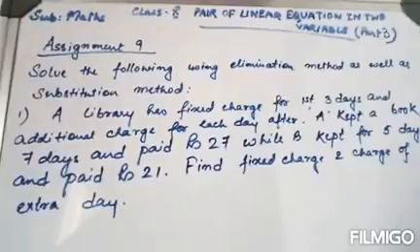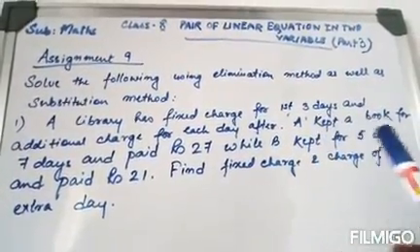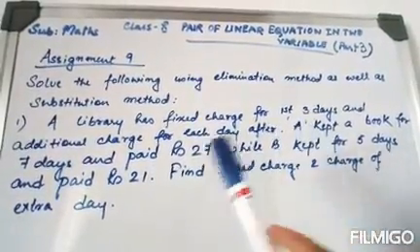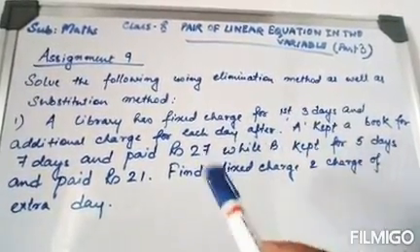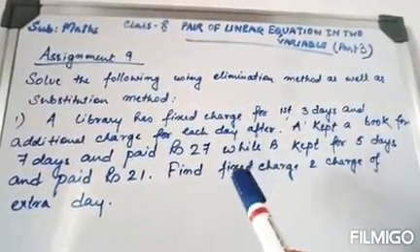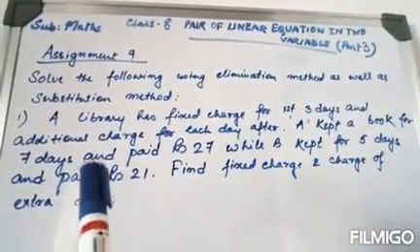So here the second question is A keeps a book for 7 days. That means for the first 3 days he has to pay a fixed amount, let that be X.